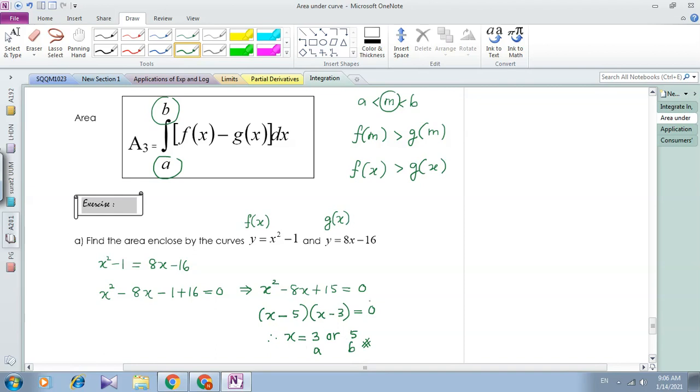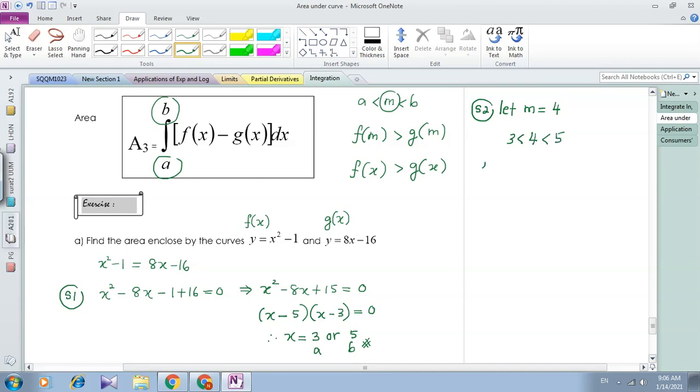This is step 1. Let's proceed to step 2. We have the lower limit as 3 and the upper limit as 5. Let m equal 4, because 4 is somewhere between 3 and 5.